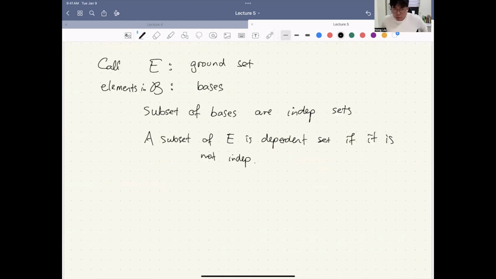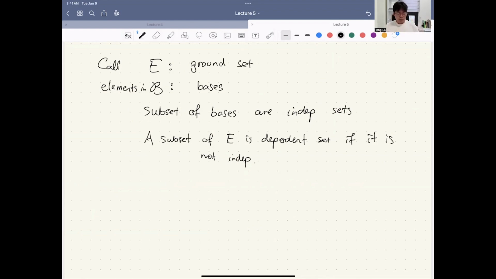In some textbooks, people also define matroids as a downward closed collection, a set system. This is just if you take the bases and you include all the independent sets as also elements of the matroid. These two are equivalent. I'm just taking the top level.